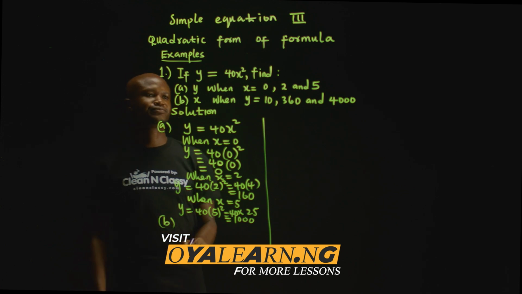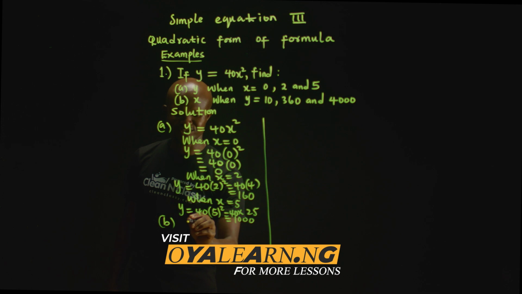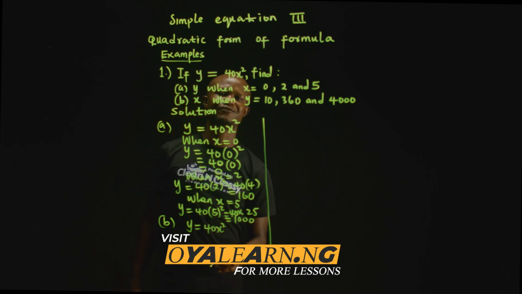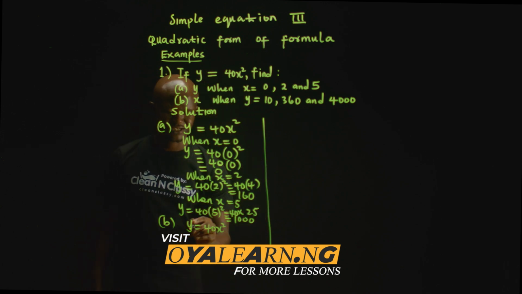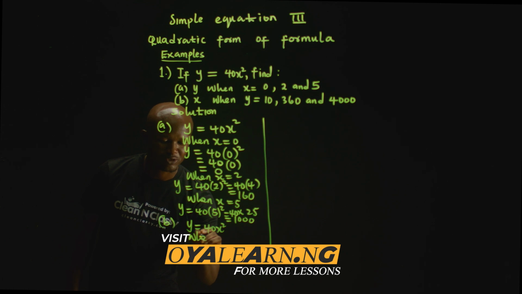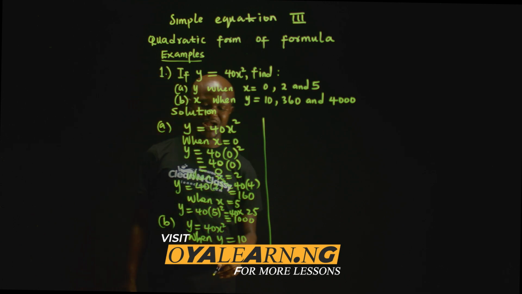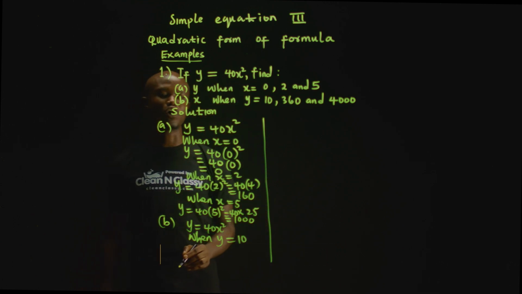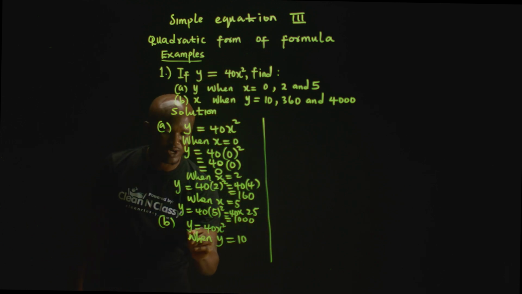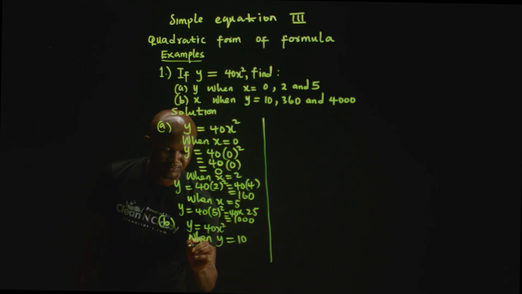For the B part, we still write the formula, which is y equals 40x squared. Now, we want to find the value of x when y equals 10. Anywhere we see y, we put 10.